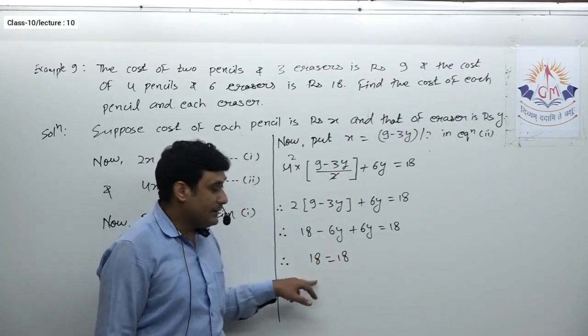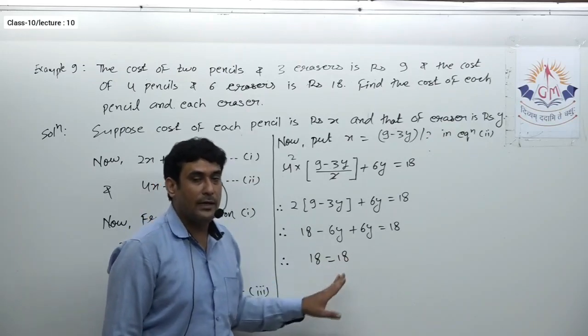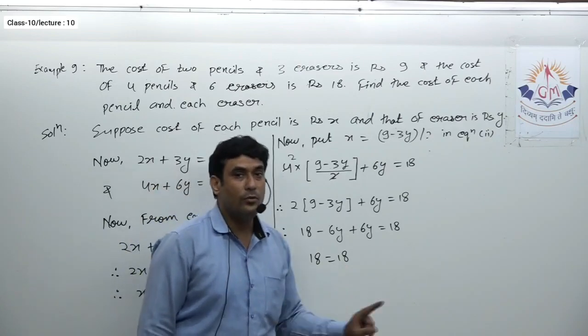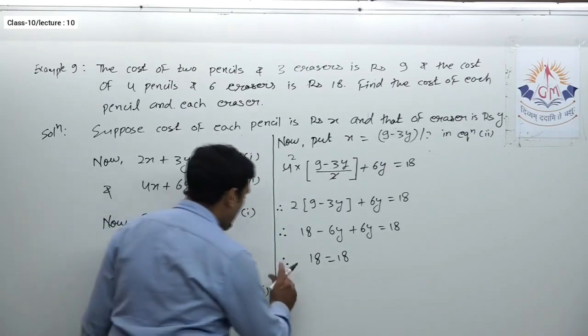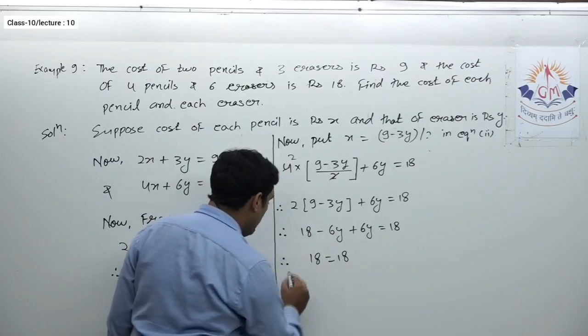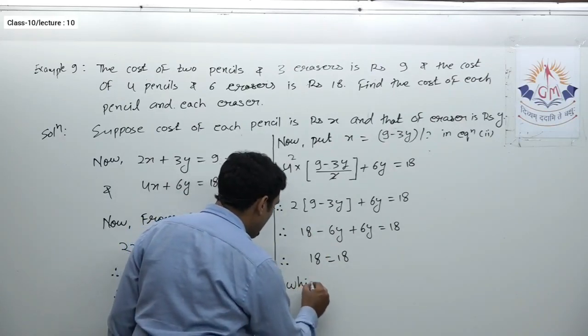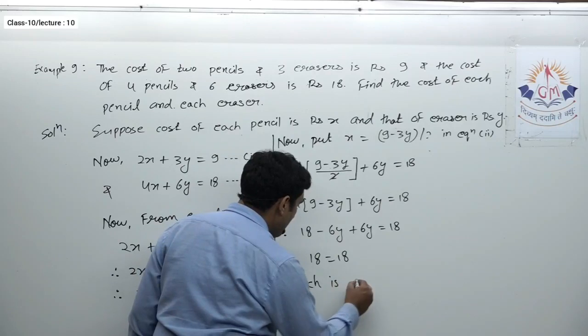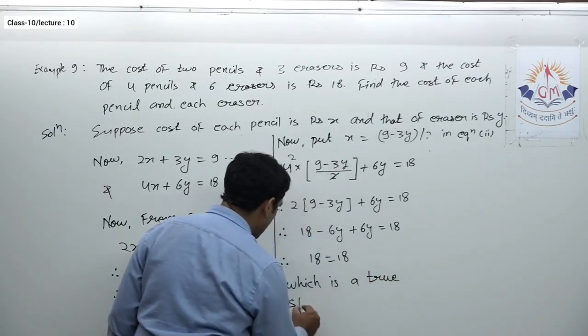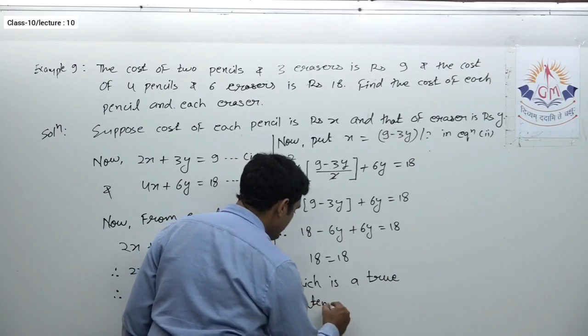And if you get a statement which is false, then you have to conclude that the given pair of linear equations has no solution. So here we can write, therefore 18 equal to 18, which is a true statement.